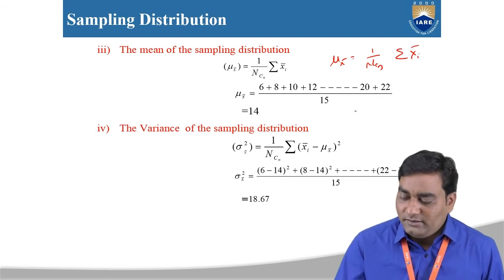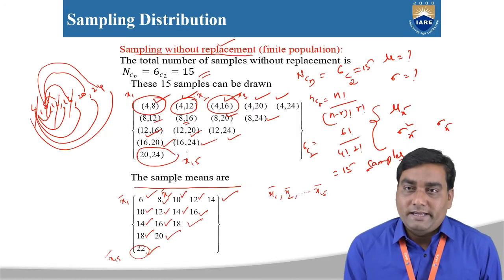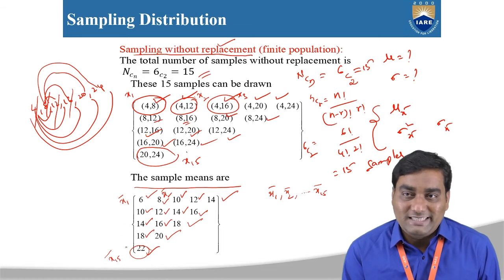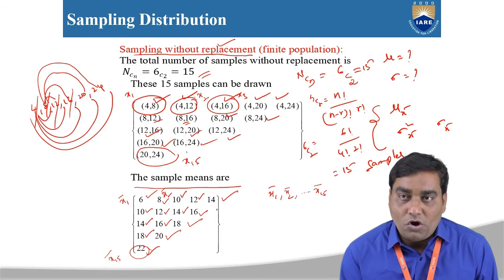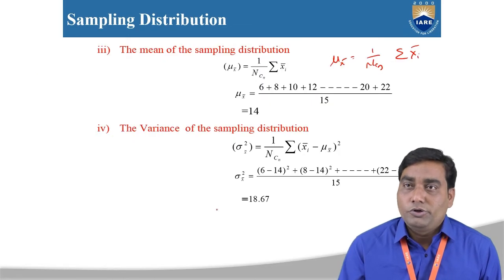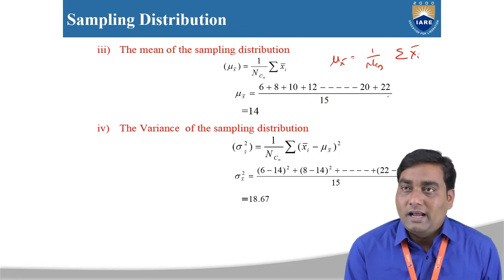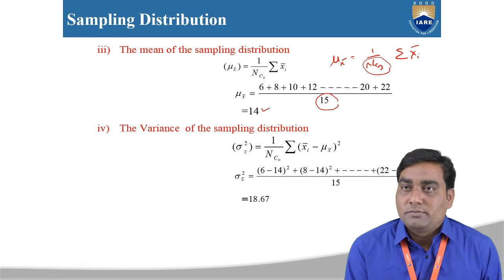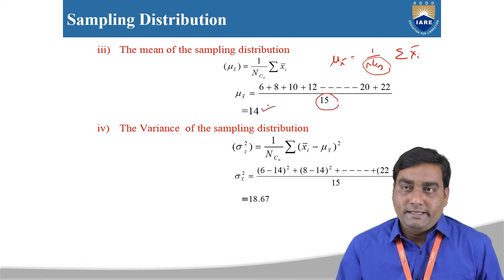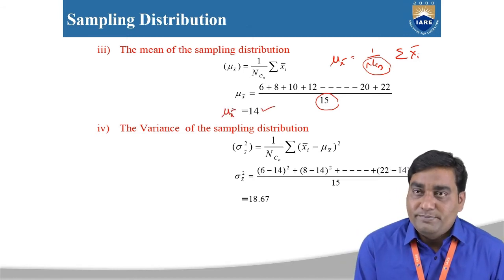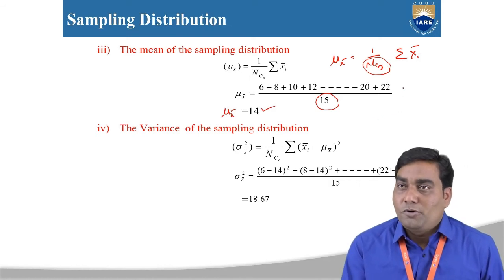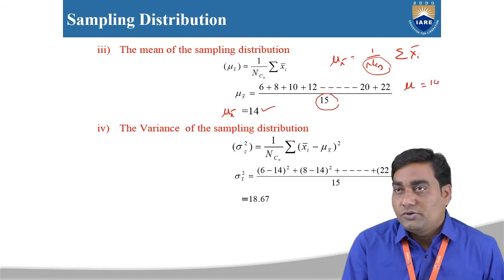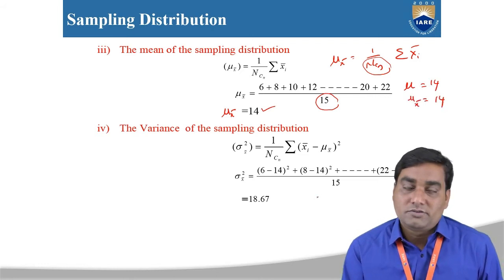In the previous slide, we got x1 bar, x2 bar and so on. It is the average of all the means, 6, 8, 10 and so on up to 22, divided by the total number of samples, 15. NCn is 15 now. So mu x bar equals 14. And if you observe, in the same problem the mean of the population we also got as 14, and the mean of the sampling distribution is also 14.